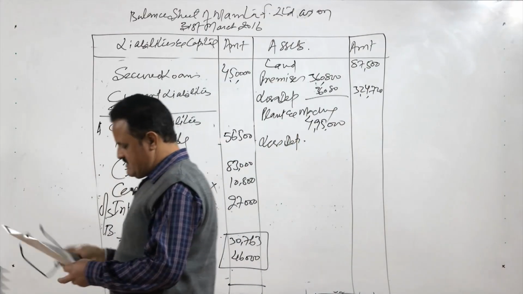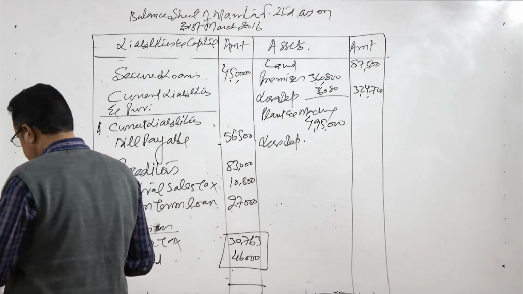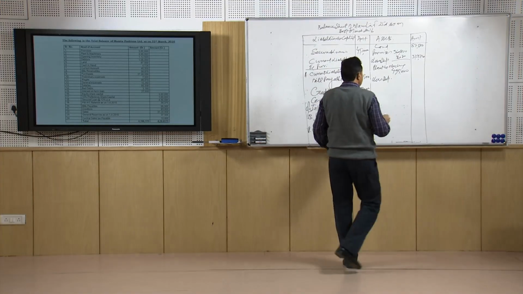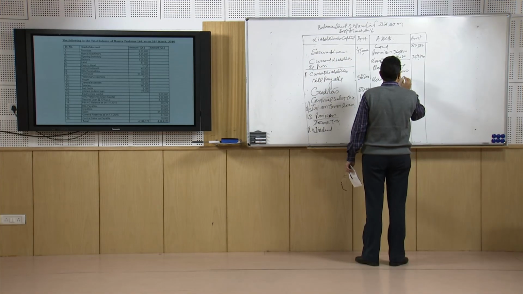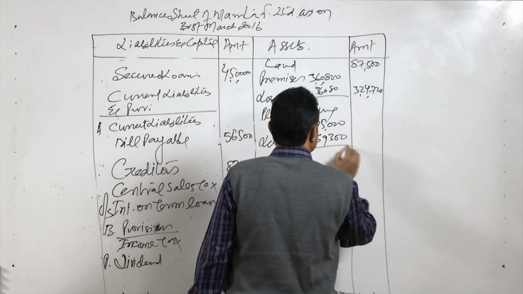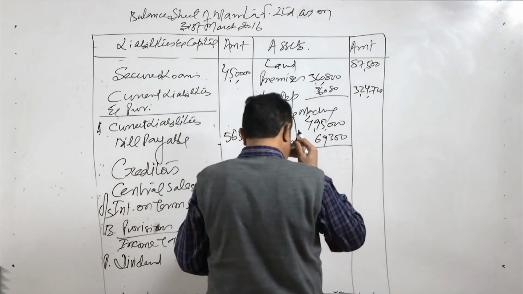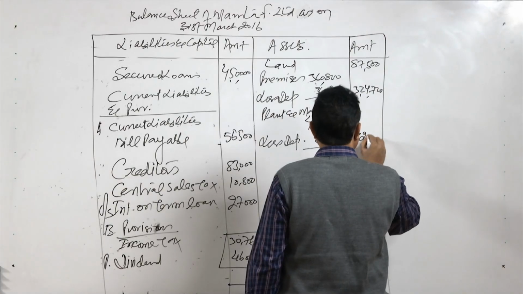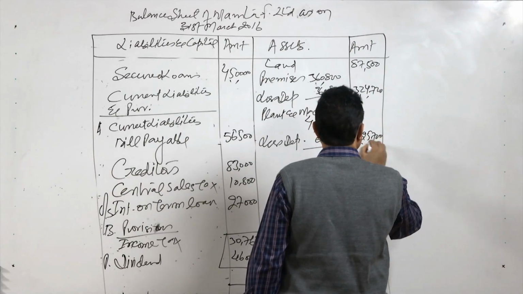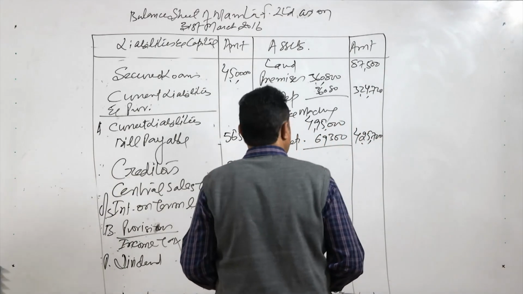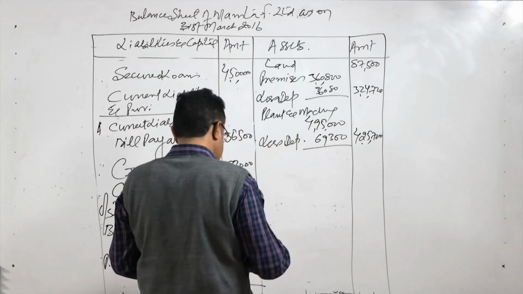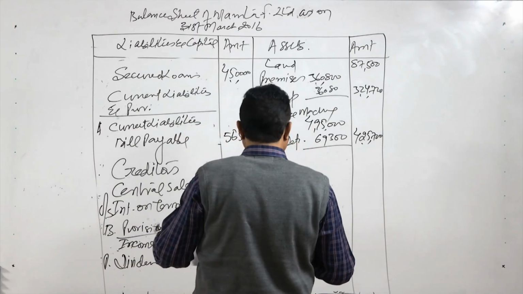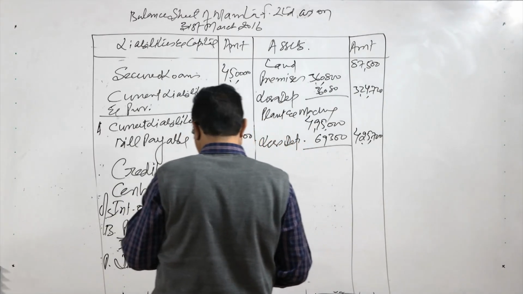We have charged the depreciation on this plant and machinery at the rate of 14%, and that was 69,300. So the balance left here is, how much balance is left? That is 4,25,700. 4,25,700 is the balance in the plant and machinery account.